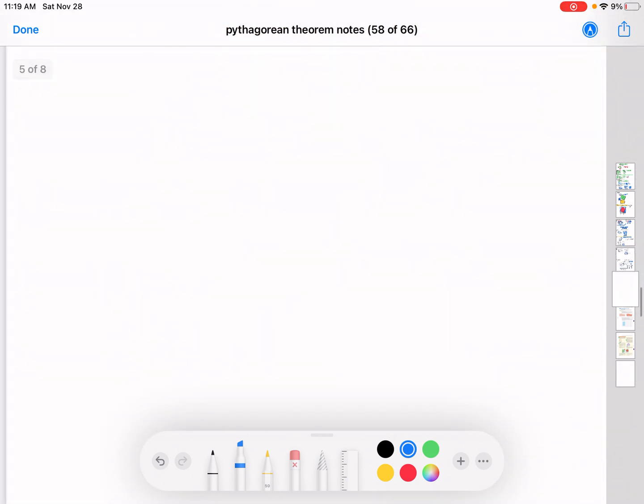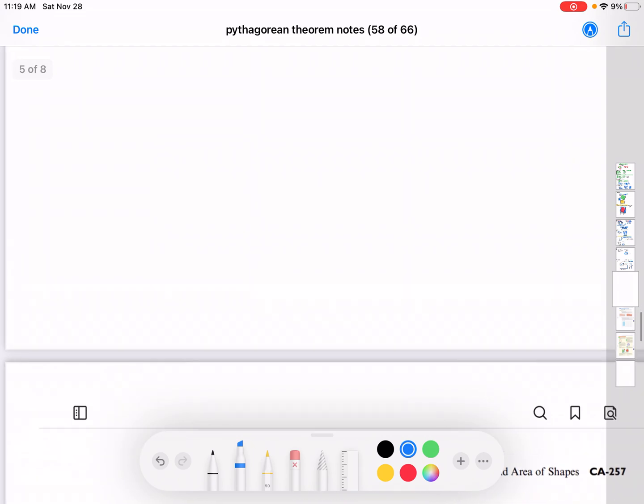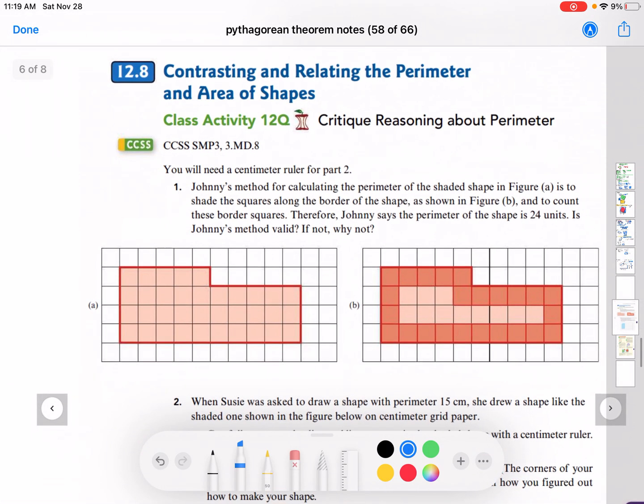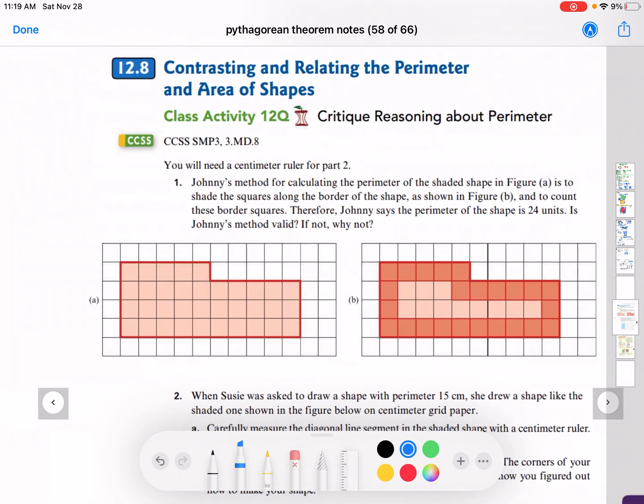All right, so a few more examples here. This gets into issues of perimeter and area. This question says we want something that has a perimeter of 24 units. This activity has some issues with perimeter, and one of the issues relates to the Pythagorean theorem.